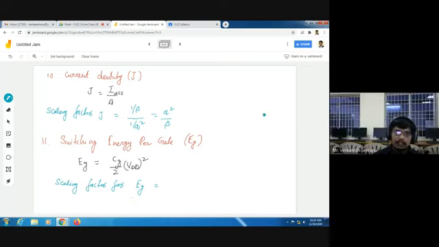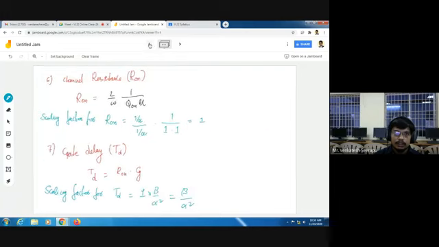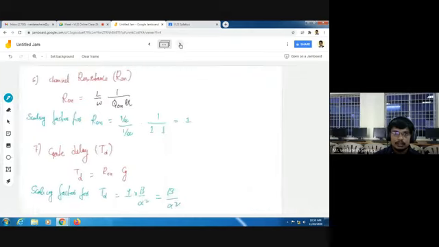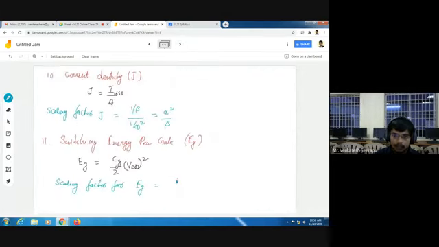CG is having a scaling factor beta by alpha square. And 2 is a constant value, having a scaling factor 1. And for VDD square, voltages have a scaling factor 1 by beta, so VDD square is 1 by beta square. Now the scaling factor is equal to 1 by alpha square beta. It is the scaling factor for switching energy.